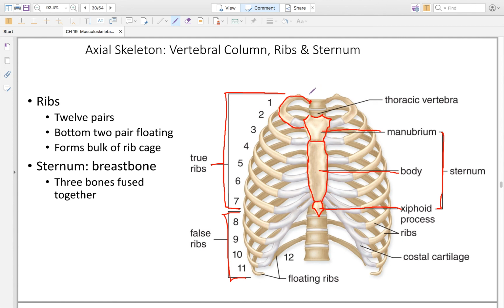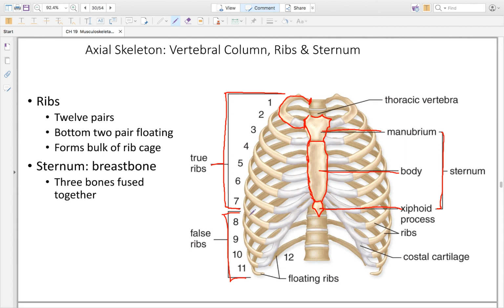Okay, back to the ribs. Now, the ribs are connected on one side to your vertebral column, and on the other side, they're connected to the sternum. Well, the true ribs are anyways. Notice that each and every one of these true ribs is connected to the sternum.